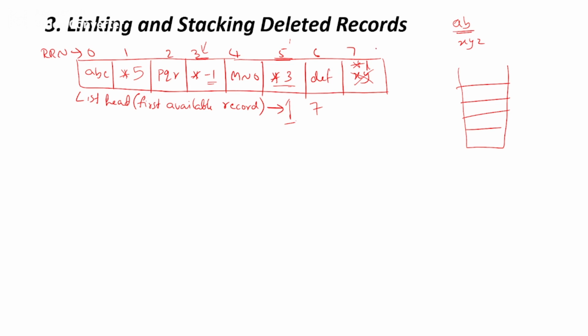So you can add something to 7, and after 7 it should come to 1, because we use the least recently used, LRUQ concept here. Whenever a record has been deleted, a pointer will be kept pointing to the next particular address.